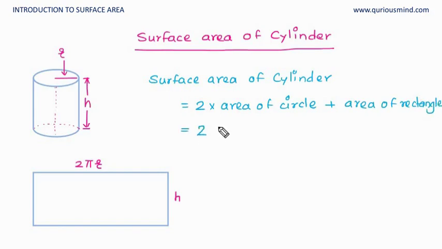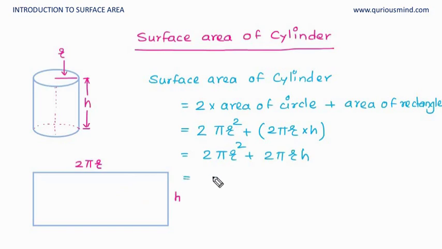Area of circle is pi R square, plus area of rectangle is length into breadth, so 2 pi R into H. So if you see here, it is 2 pi R square plus 2 pi R H. 2 pi R is common between them.